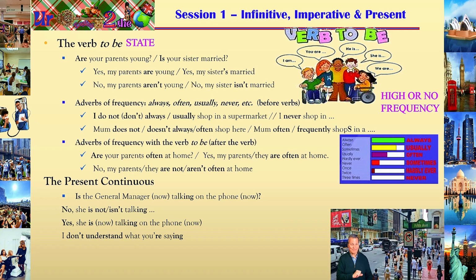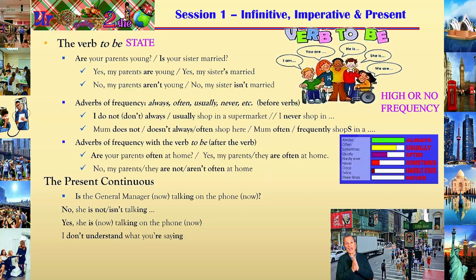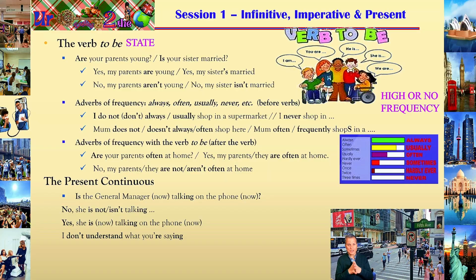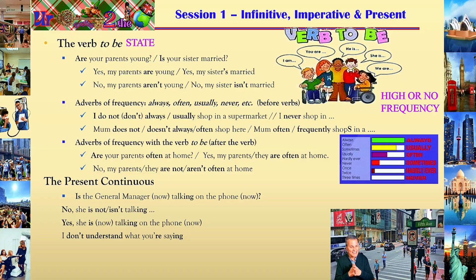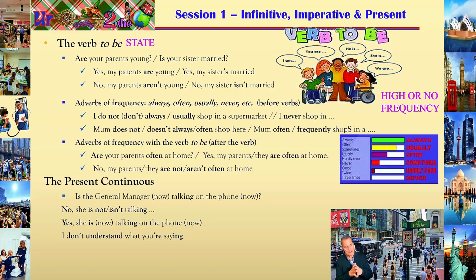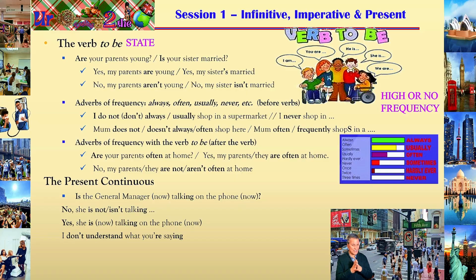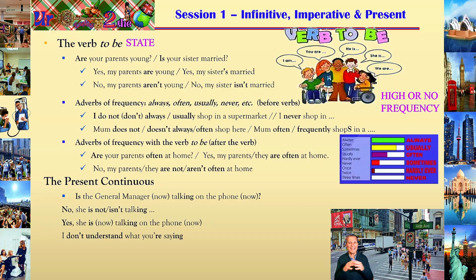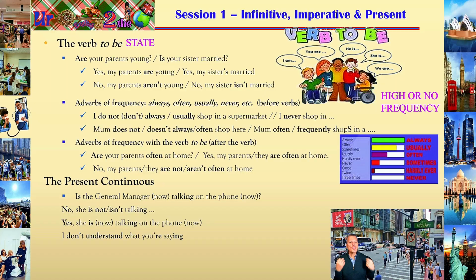Good question. You cannot say I am not understanding because there are some verbs in English, the verbs of state, that don't have a continuous tense. You cannot use them in continuous tenses. What is a state verb? A state verb is a verb that clearly shows no action.